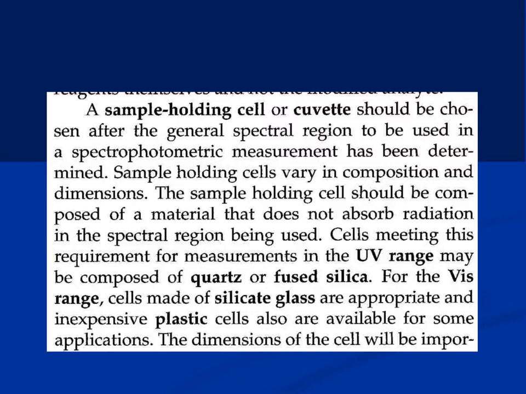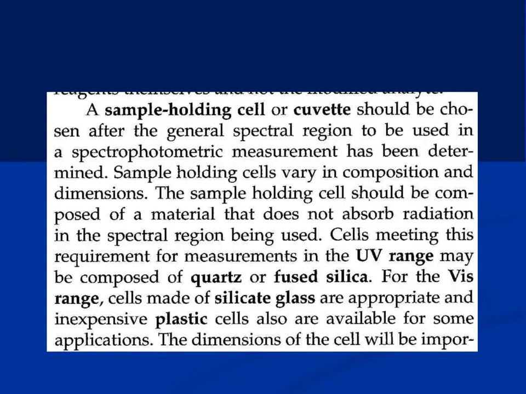In labs and in industry, there are various kinds of cuvettes available. The ones we are using in our lab are mostly made of polymers or plastic, and they are disposable. They are most suitable for water-based or aqueous solutions, and they work in the visible range, not in the UV range, because the plastic cuvette will also absorb light in the UV range.